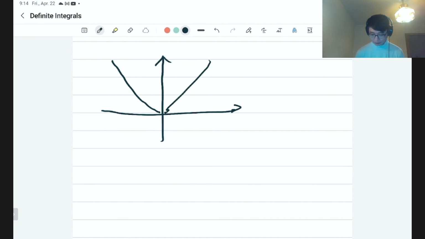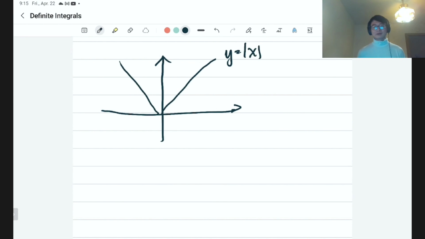I know my drawing is really bad though. Imagine this one is y is equal to absolute value of x, and I want to evaluate from -3 to 1.